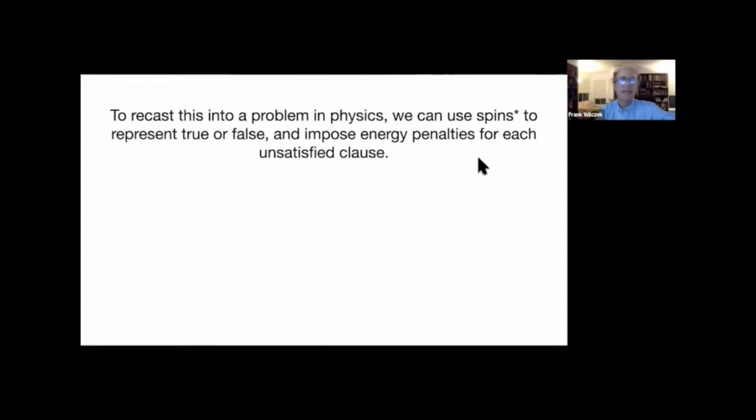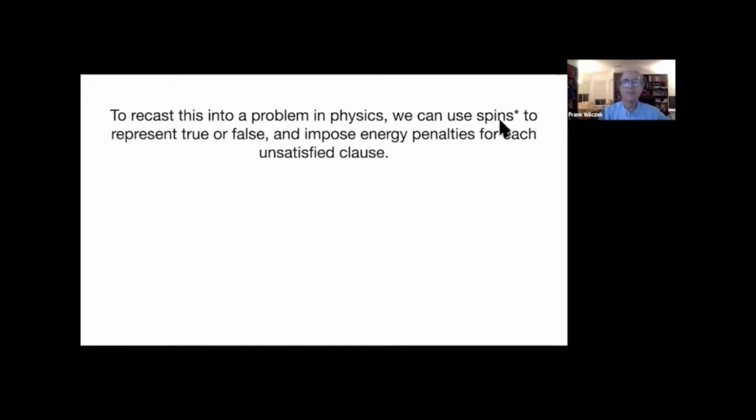Now we want to cast this enormous class of problems coming from law or recreation or industrial design or scheduling problems or inventory logistics problems, all those things, we want to map them onto physics problems so that we can use the methods of physics to address them powerfully. And here's how you do that.